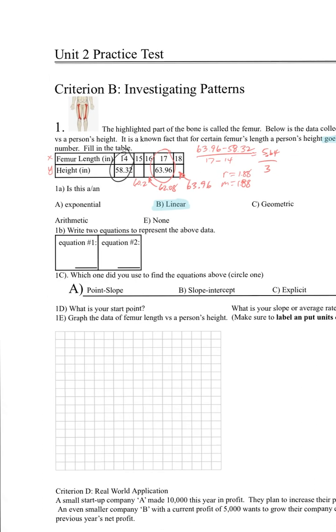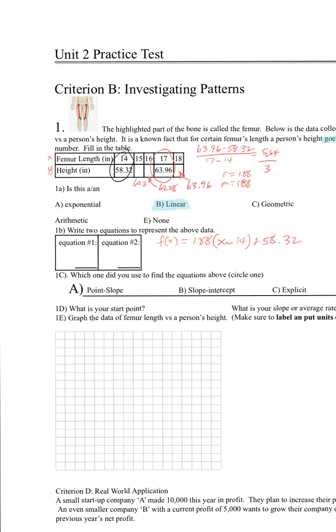For equation 1, you have the slope, so you can write f of x equals 1.88 times x minus 14, plus 58.32.